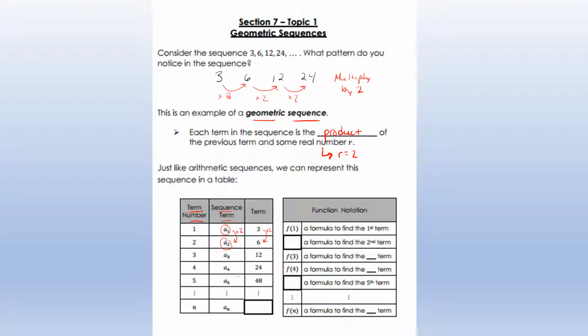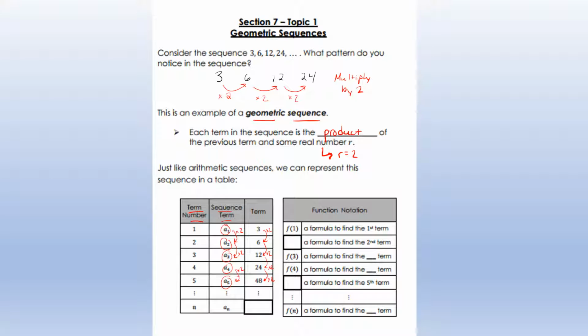Then to get the third term, A3, we took the second term, A2, and we multiplied by 2. So we did 6 times 2. And we followed that pattern. 12 times 2 made 24. If we were to keep going, we stopped at the fourth term, A4. The fifth term would be A4 times 2. So 24 times 2 would be 48.